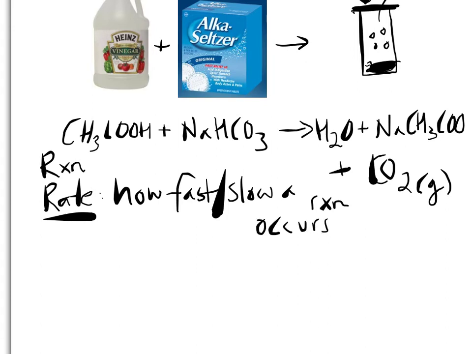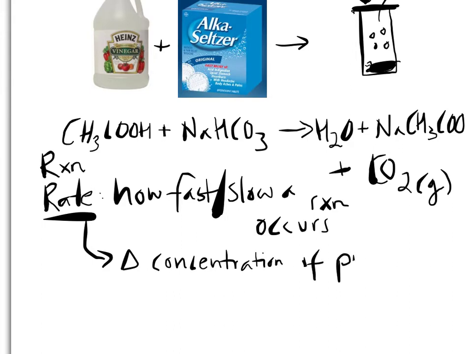But now in AP, we're going to start getting more quantitative. How do we actually measure the rate of the reaction with numbers and units? Well, what we're going to be measuring is a change. Remember, delta means change. A change in the concentration of either the products that are being made or the reactants that are being consumed over time.